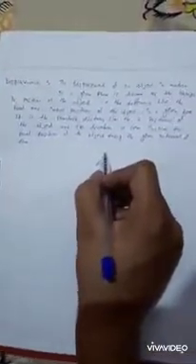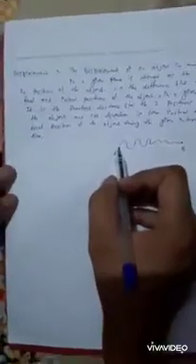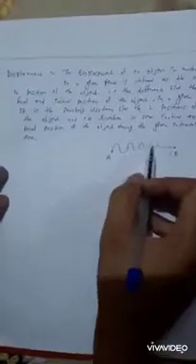Let's suppose A started moving and after some time it reaches at point B. Now if we talk about the distance, distance is the traversed path, that means this path.